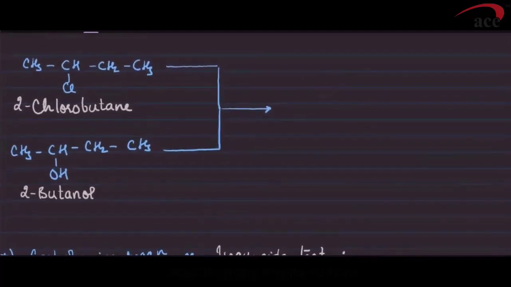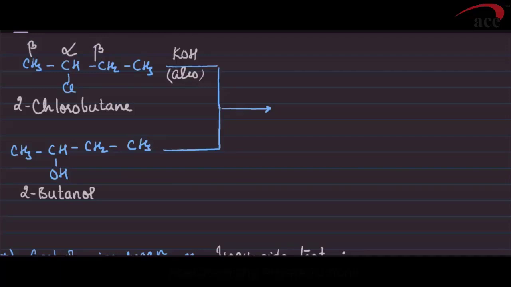Now here see, if it is treated with alcoholic KOH, we know the product is, this is the alpha carbon, there are two beta carbon atoms, dissimilar beta carbon atoms.